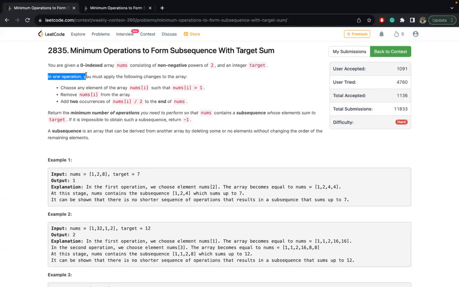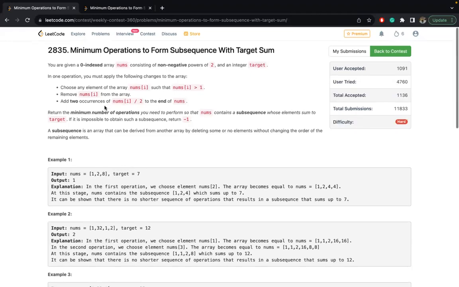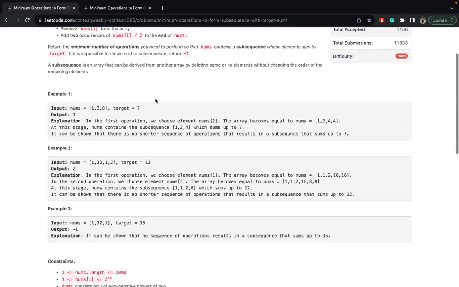Let's get into the operation. So in an operation, what you can do is you can choose any number from the array and you can remove that number, and at the same time you can add two numbers that will be half of the removed number. If you have 8, you can do 4 and 4.